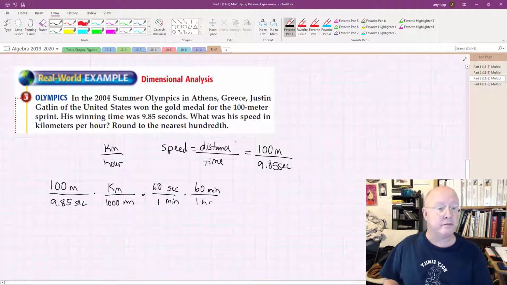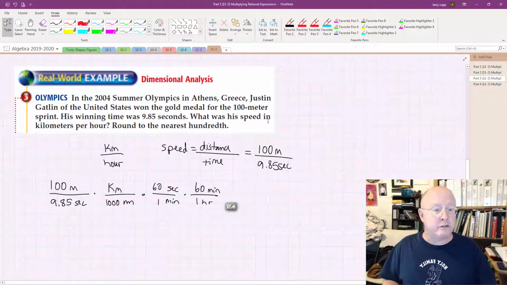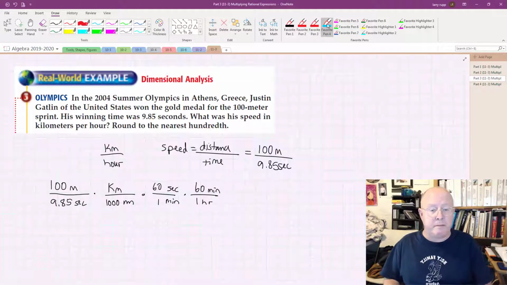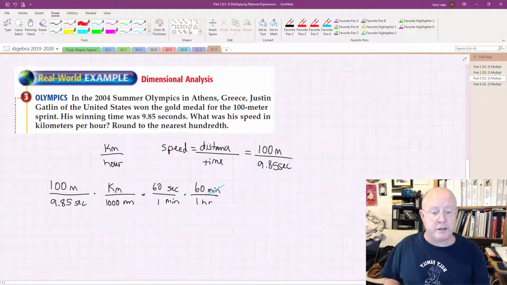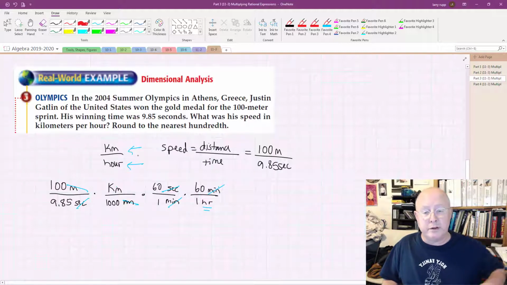All right, let's change pen colors while I do this, make it clear. All right, so minutes here cancel minutes, seconds cancel seconds, and we're left with hours on the bottom, and that's what we want over here, hours. Now what about the top? Okay, over here meters cancels meters, and we're left with kilometers on top, which is what we want over here.